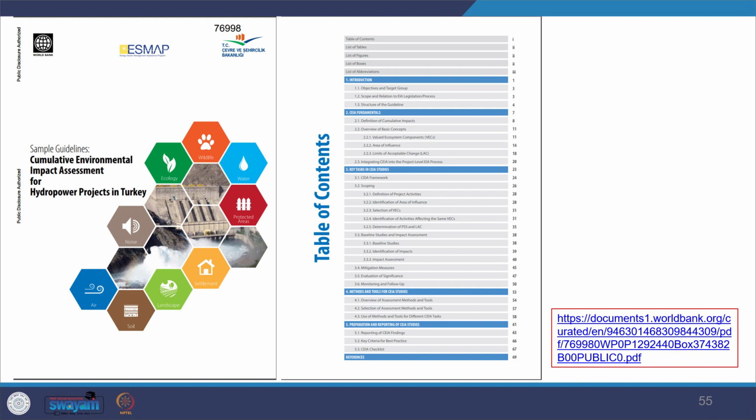You can see again how they define cumulative impacts, and what key tasks you have to undertake while you do the cumulative assessments, like scoping, baseline studies and mitigation measures, evaluations of significance, monitoring and follow-up. So how you will undertake all of these when you're dealing with hydropower projects. So you can refer to this also.